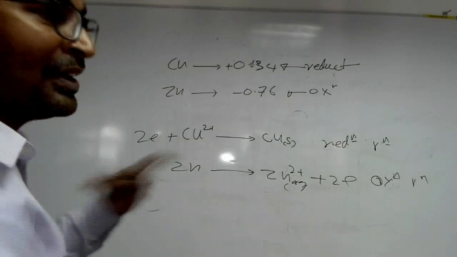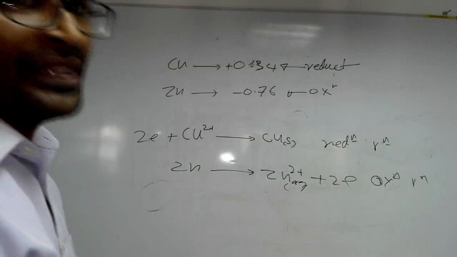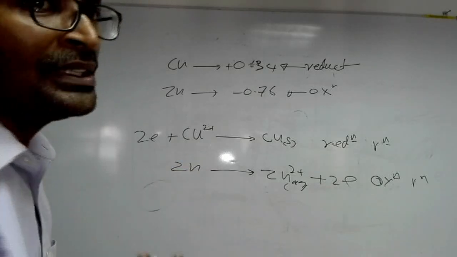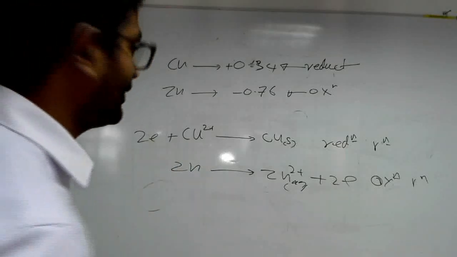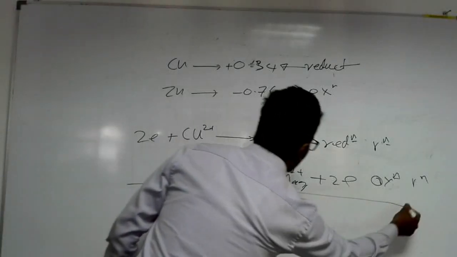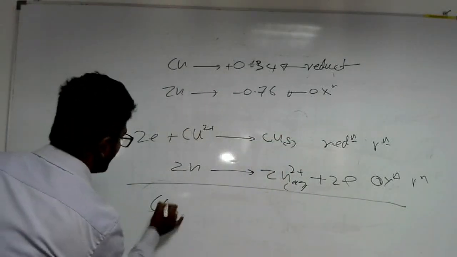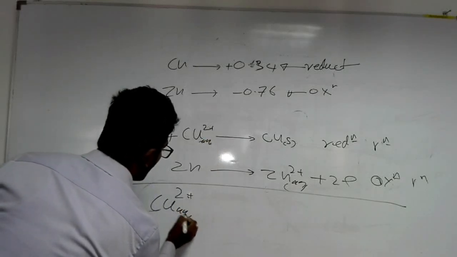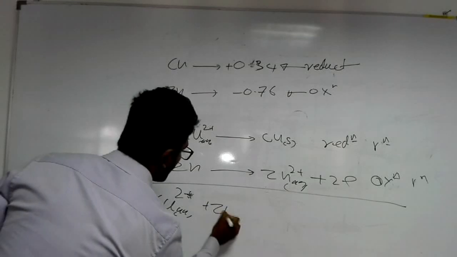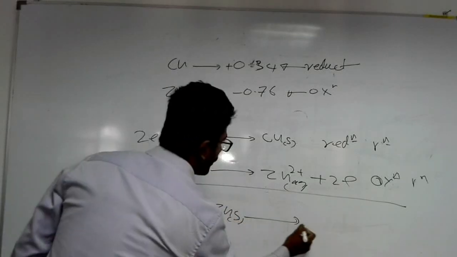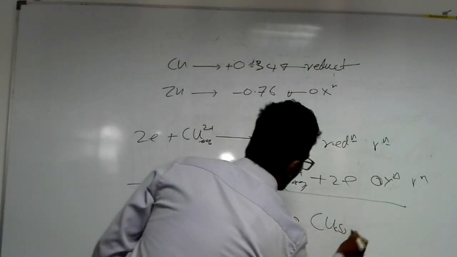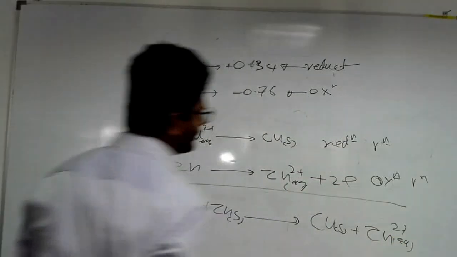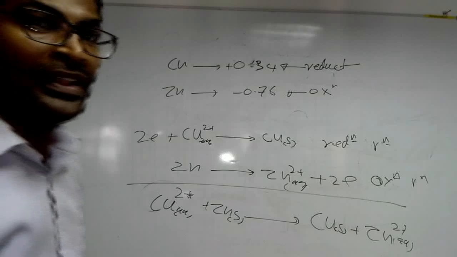Then you can write the overall reaction for the electrochemical cell relevant to zinc and copper, which we discussed previously. So this is just the simple reaction for that example.